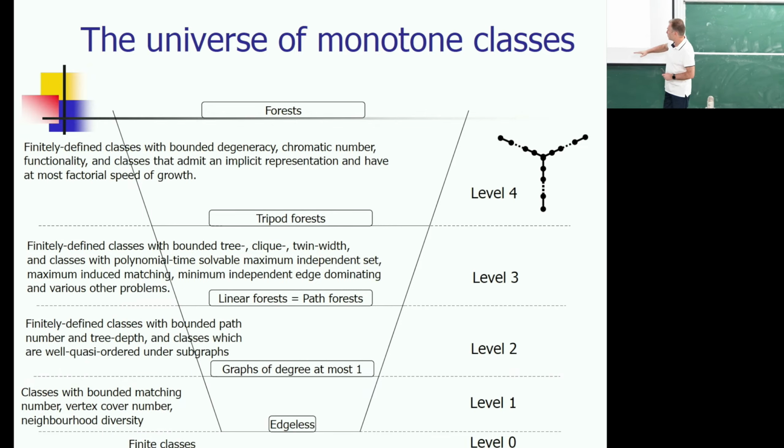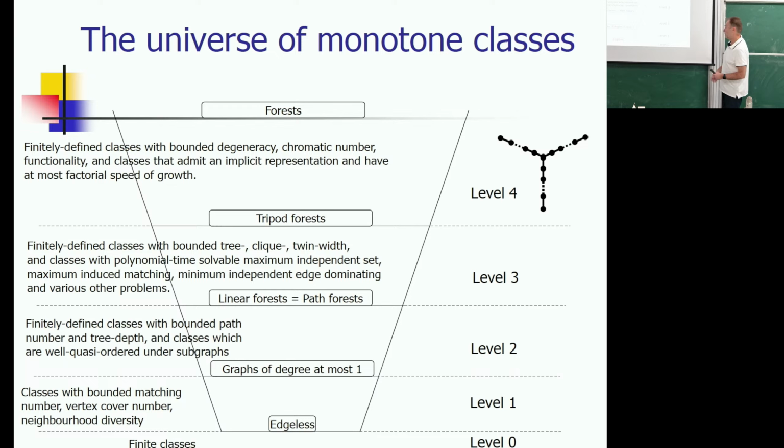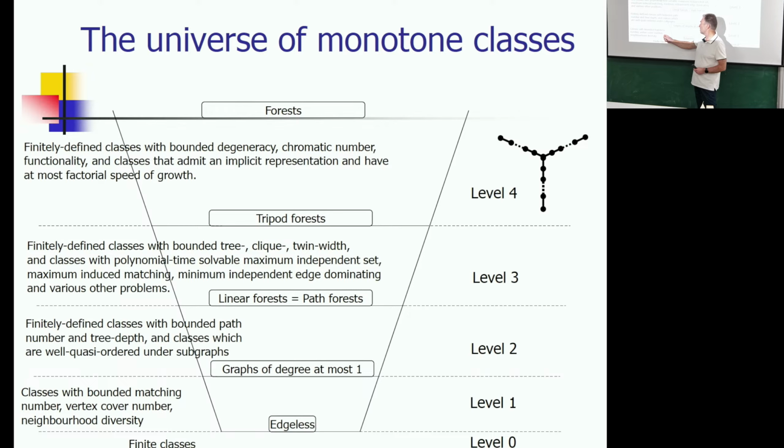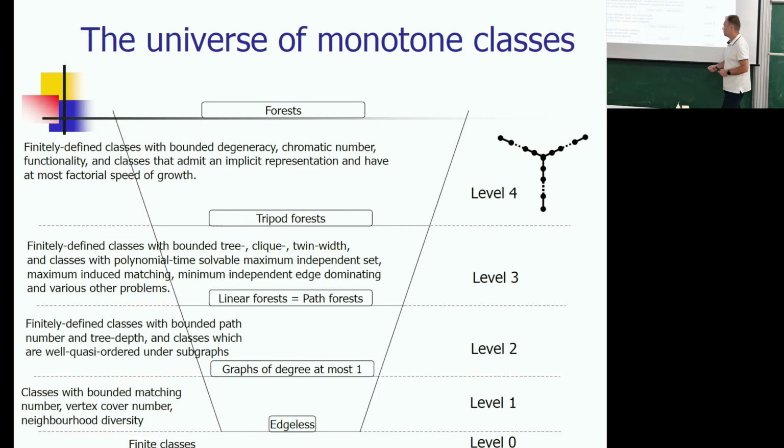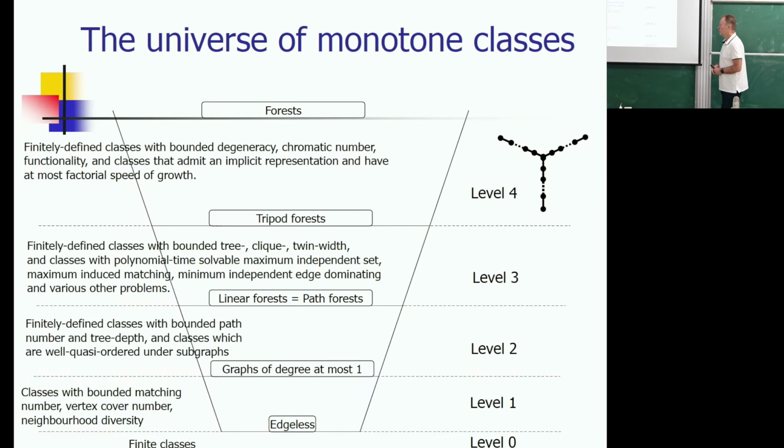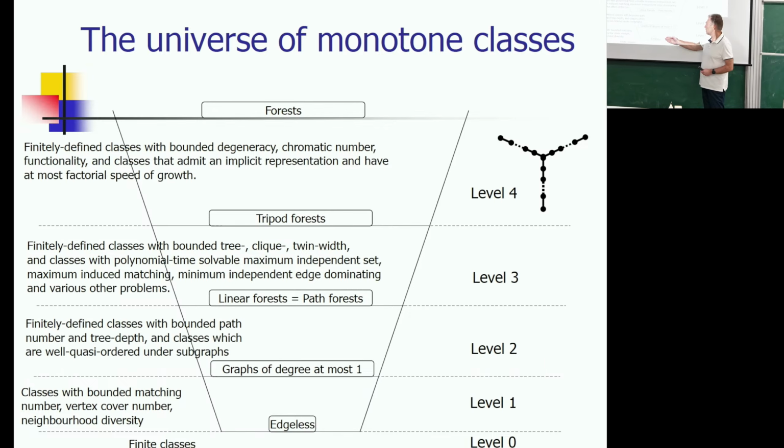At the bottom of the picture we again see what I call level 0, classes of graphs which are finite. Level 1 contains monotone classes with bounded matching number, vertex cover number, and neighborhood diversity. The critical class for this level is the class of graphs of degree at most 1.